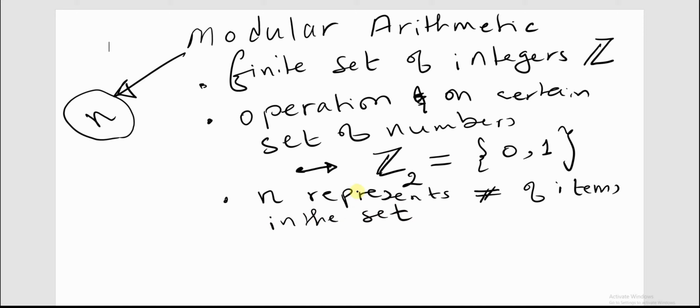So in this case, if Z2 has two items, 0 and 1, and if we have Z26, we have the items 0, 1, 2, all the way to 25. So there are 26 different elements.